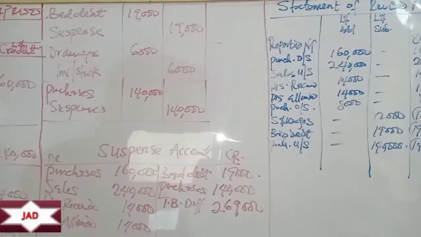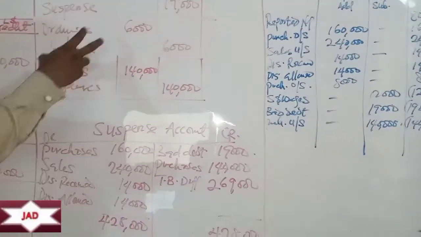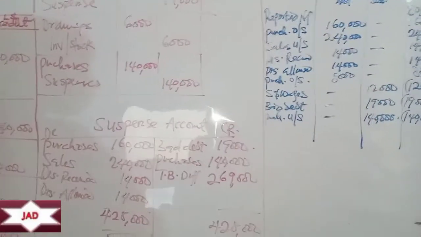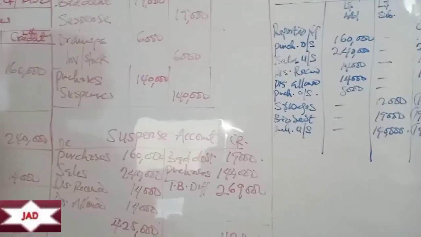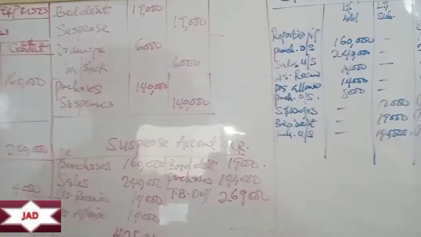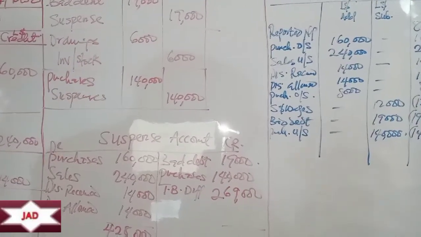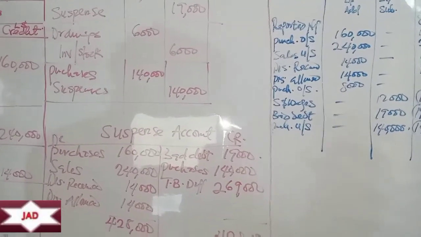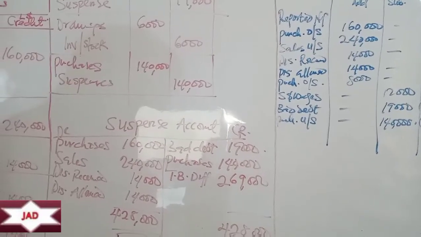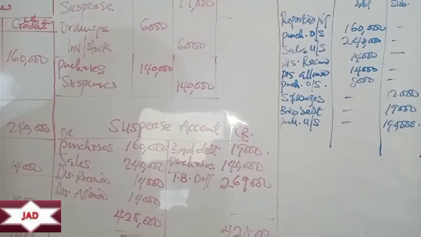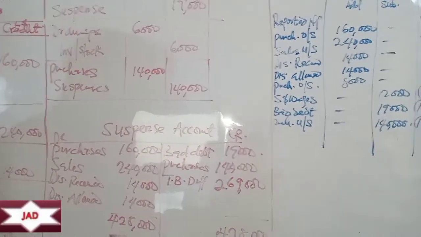So now there is what they call drawings. The owner of the business took product for himself, and they said that has been omitted. It means that the stock you are going to be carrying as closing stock would have been overstated.